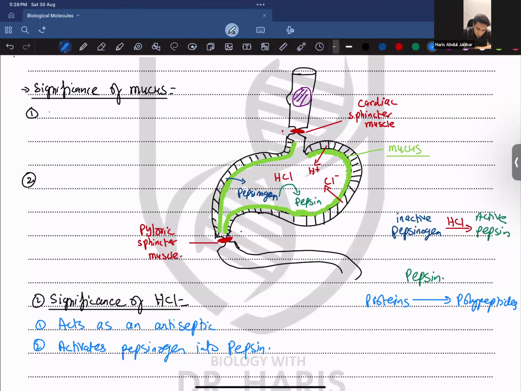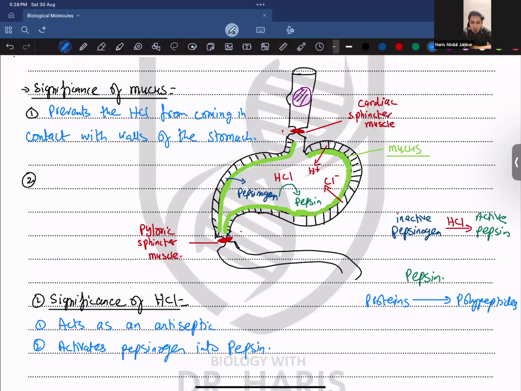So mucus पहली चीज क्या कर रहा है? It prevents the HCl from coming in contact with the walls of the stomach. पहली चीज. All right.